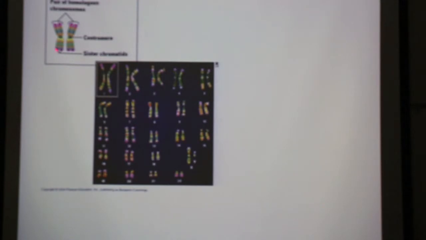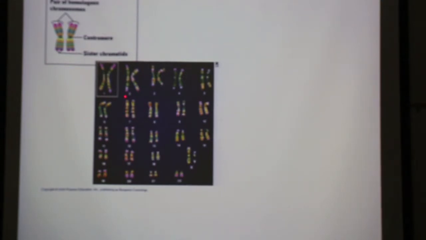So if on one chromosome, down here, let's say there's a piece of DNA that codes for eye color, that means on your other homologous chromosome at that same relative spot, you should have information that also codes for eye color. This one might have a code for brown eyes, and this might have a code for blue eyes, but it carries the same type of genetic information in the same relative spot.